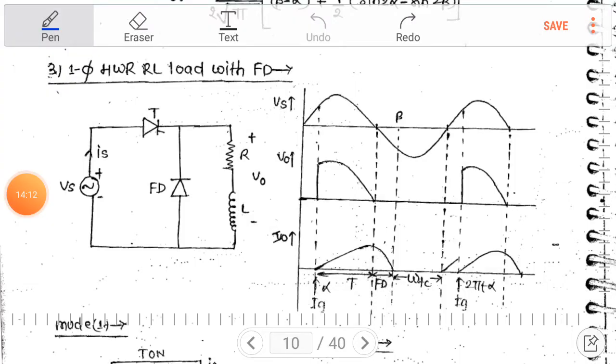Next one is the 3-phase half-wave rectifier with RL load and freewheeling diode. Here in this diagram we can see that a freewheeling diode is connected, which is used to overcome the drawbacks in RL load. What were the drawbacks? The average output was reduced and the power factor was reduced due to the negative spike of the voltage and the negative power flow from load to source.